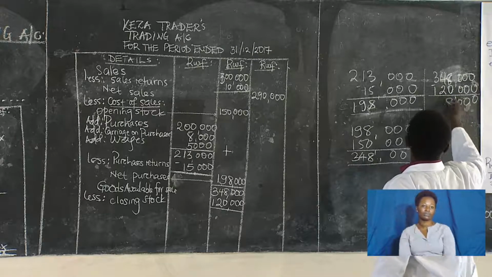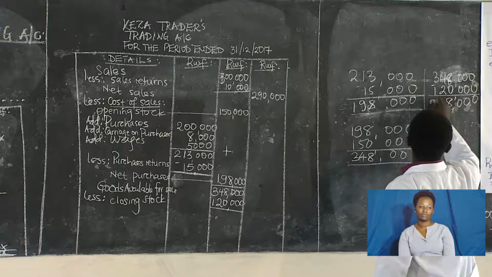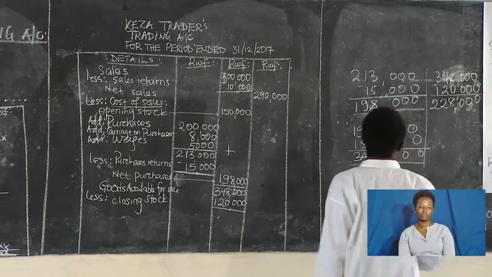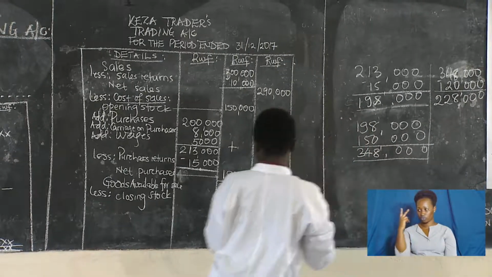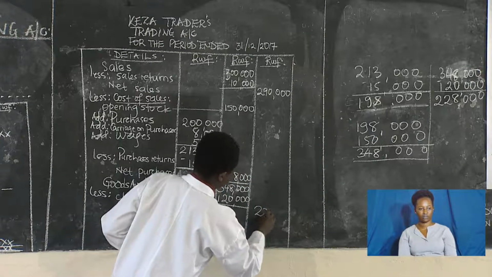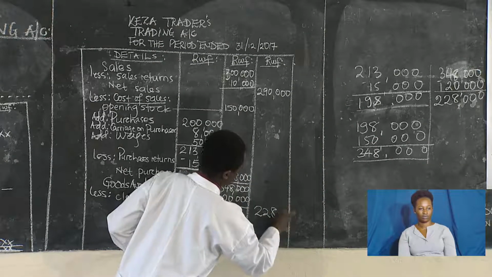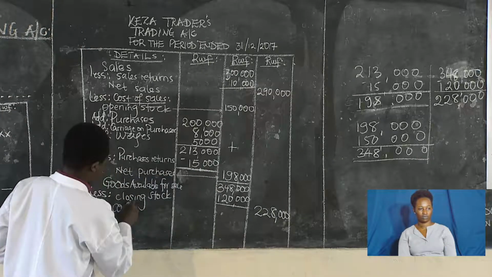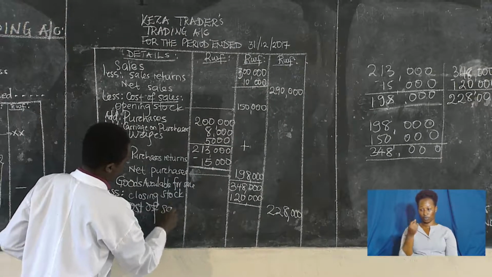Here you have 8, you have 2, you have 2. 228,000. So that is our cost of sales.